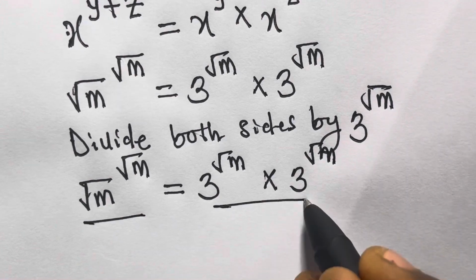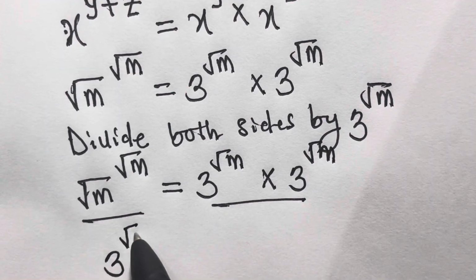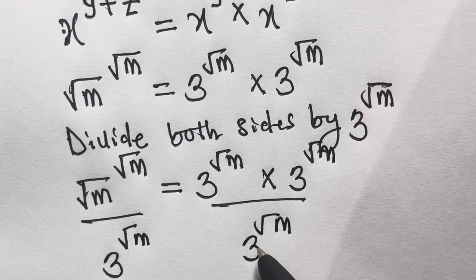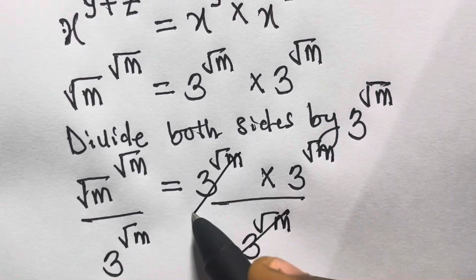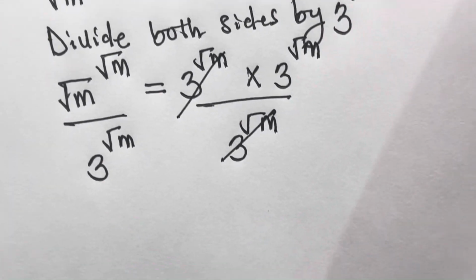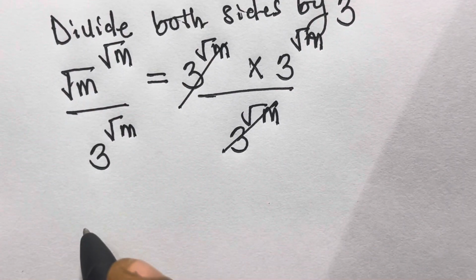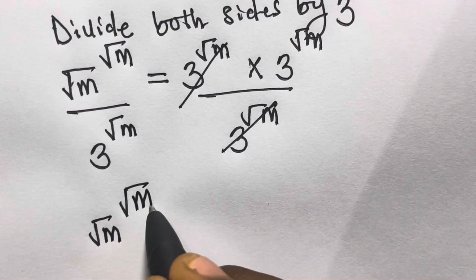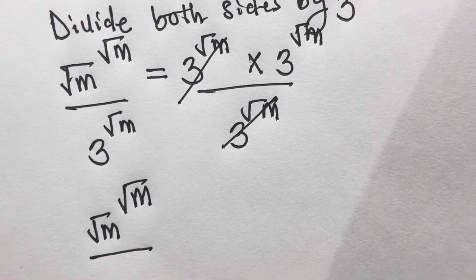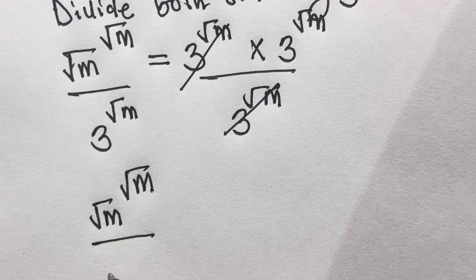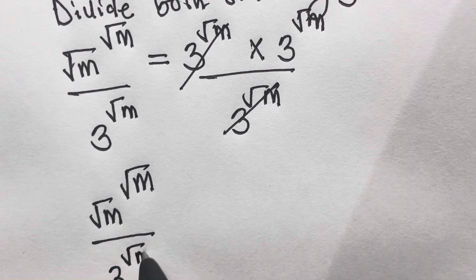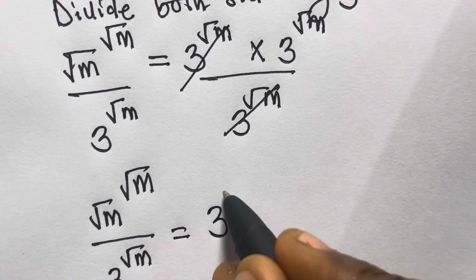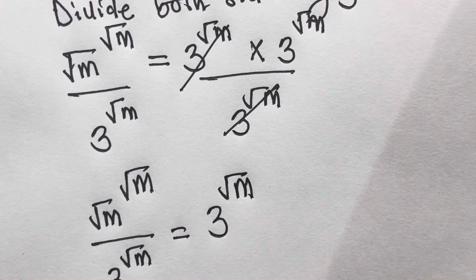We divide both sides by 3 raised to power square root of m. If you look at this, we know this will cancel this. So we will now have square root of m raised to power square root of m divided by 3 raised to power square root of m equals, what is left here, 3 raised to power square root of m.